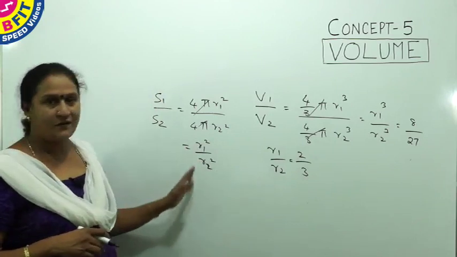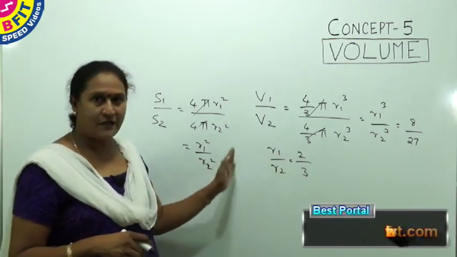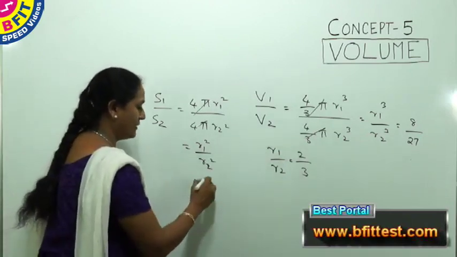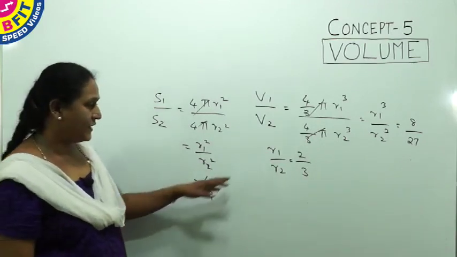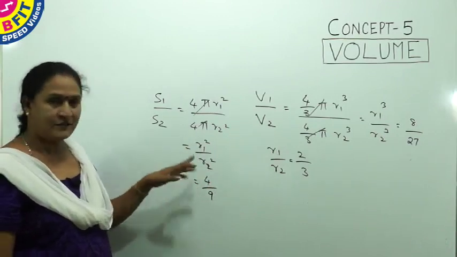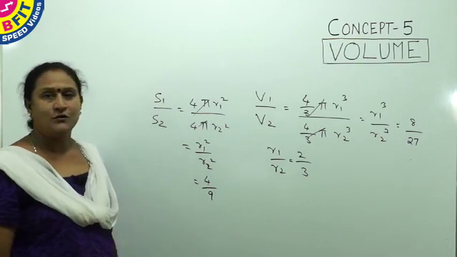So now what is r1 square to r2 square? It is the duplicate ratio. Duplicate ratio means squaring it. So squaring 2 and 3, it is 4 by 9. So the ratio of squares of radius is 4 by 9. Therefore the ratio of surface areas is also 4 by 9.